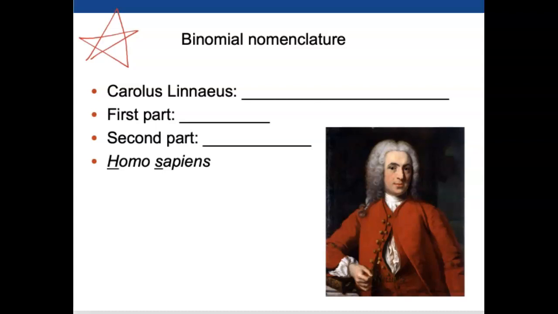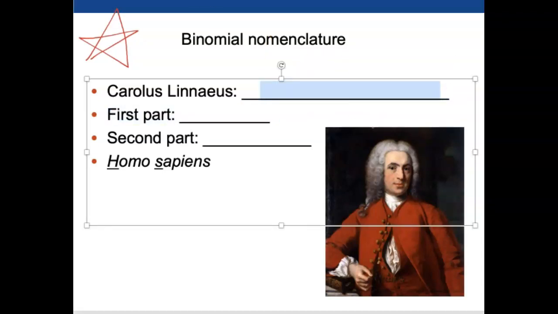Currently, we're using what's known as the binomial nomenclature system. Carolus Linnaeus is the founder of the system.